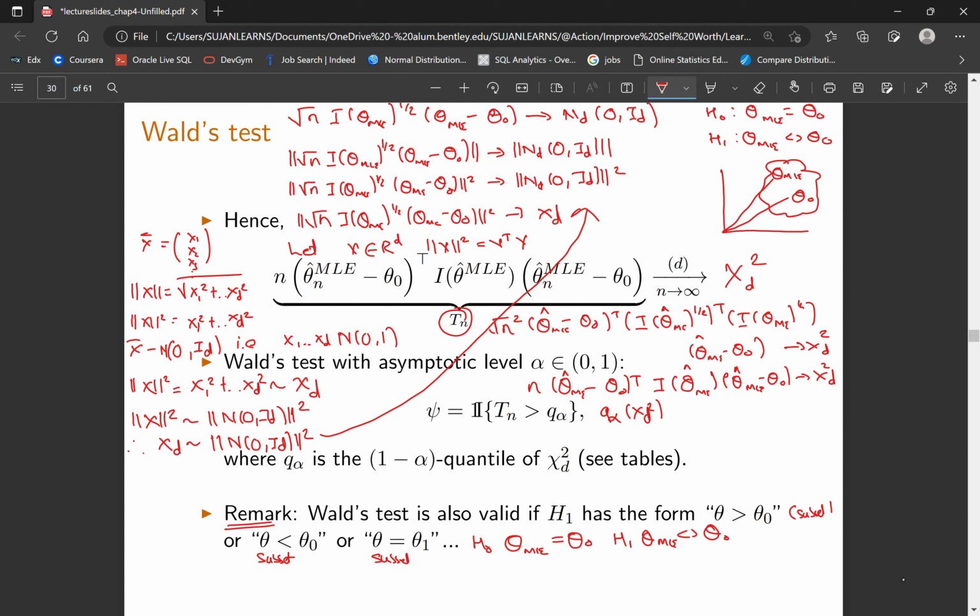So these alternate hypotheses are more relaxed than our alternate hypothesis of Wald's test. Therefore, they are all plausible alternate hypotheses of the Wald test. That's what I'm trying to say here.